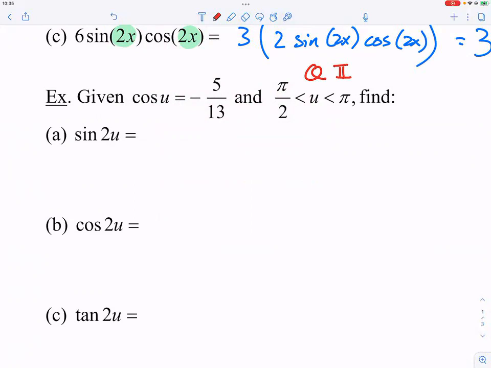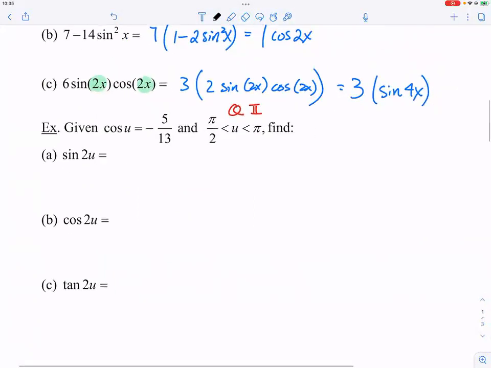If U is in quadrant 2, then 2U must be in quadrant... No, actually, it could be 3 or it could be 4. Well, we'll see how that number plays out.